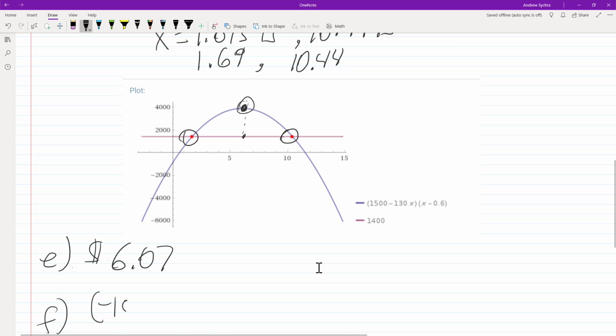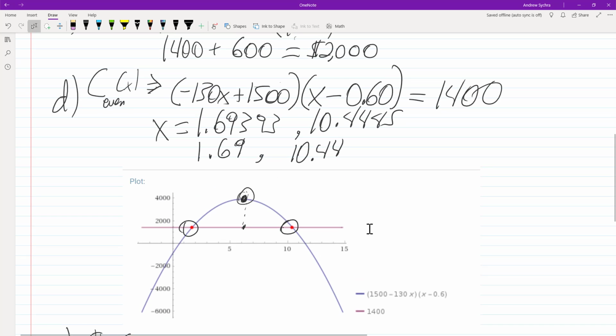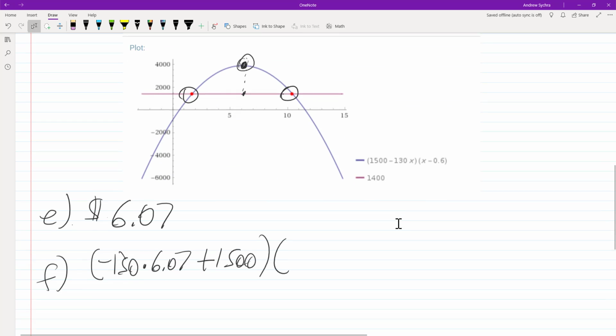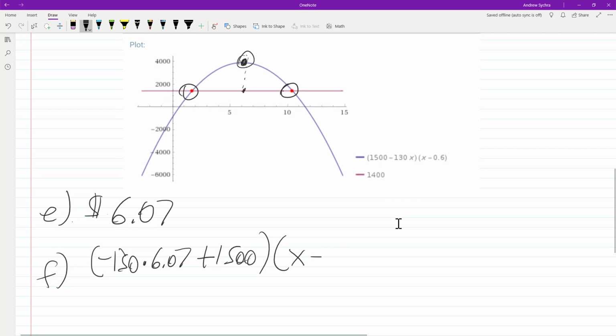Negative 130 times 6.07 plus 1500, times x minus 0.60, minus 1400 equals some value. It should be 6.07. So that's the net profit from each cup of coffee.